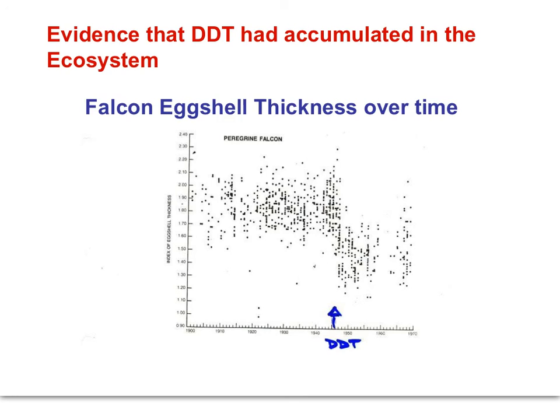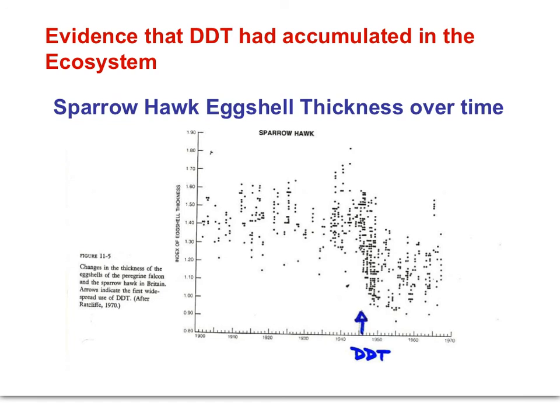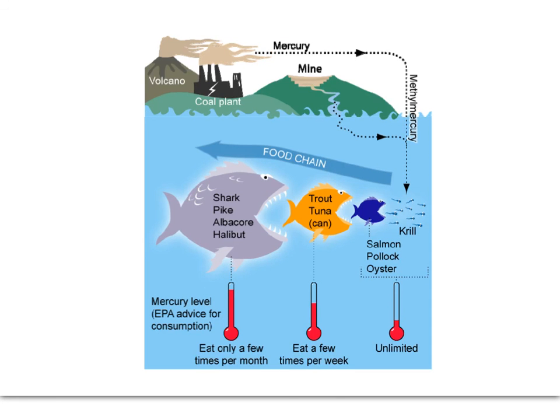Falcon populations declined. Similar data was gathered for other predatory birds such as the sparrowhawk. You can see that when DDT was introduced, the eggshell thickness was far less than prior to the introduction of DDT.